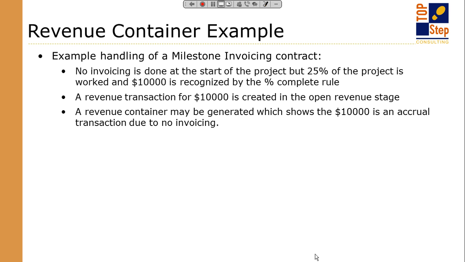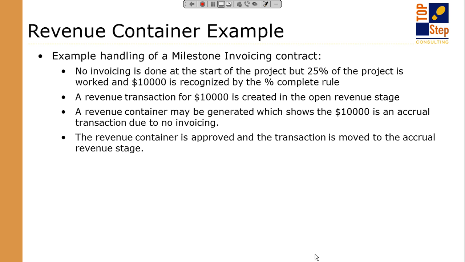Then you create a revenue container which grabs the transaction, sees that it's an accrual, and recognizes the $10,000 as an accrual in the revenue container. The revenue container is then submitted for approval, and the transaction is moved into what's called the accrual revenue stage.